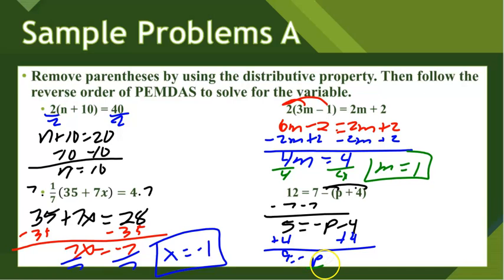Then I can divide by negative 1. P is going to equal a negative 9. Now, one thing to keep in mind is there's really a negative 1 in front, so that's why I distribute a negative 1 because of the parentheses there. So I distribute the negative 1, and that gives me the negative p minus 4.